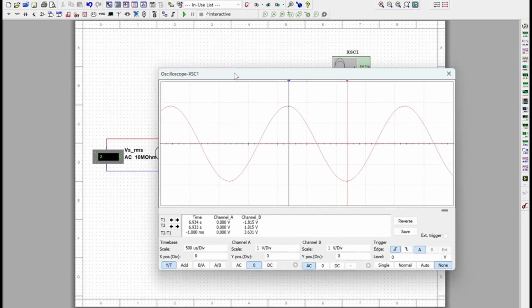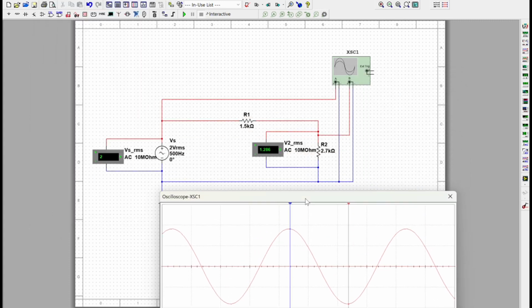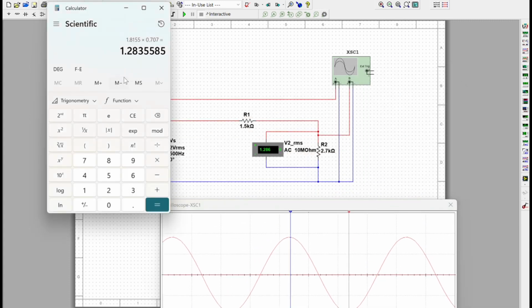In order to calculate that, we take this voltage peak to peak 3.631, and then we divide it by 2 and multiply it by 0.707, and we should get a similar value. So we got 1.2835, and our value on Multisim is 1.286, which is pretty close to our calculated value from the graph.